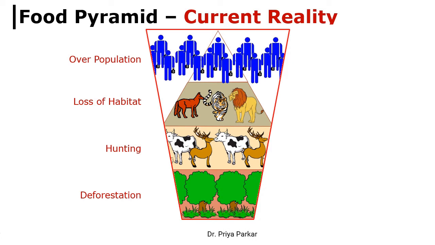In an ideal ecological pyramid, the number of omnivores should be limited. But in current reality, it has increased due to rise in human population. Thus, overpopulation of human beings, deforestation and loss of biodiversity have imbalanced the ecological pyramid, which has resulted in environmental degradation.